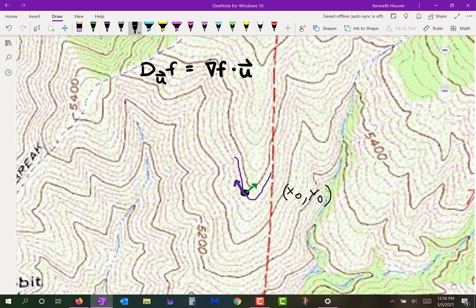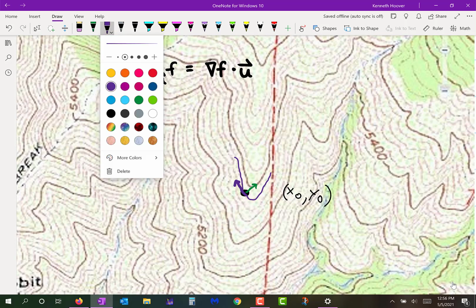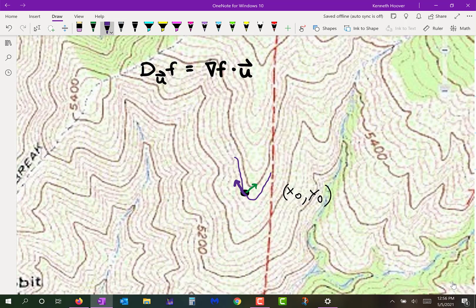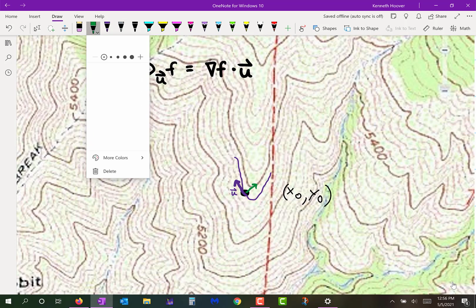Now, what's the directional derivative of f in the direction of u? Let's think about that. u is tangent to the contour line. That means if you walked along the direction of u, you would be walking along the contour line, which means you would not be going up or down.